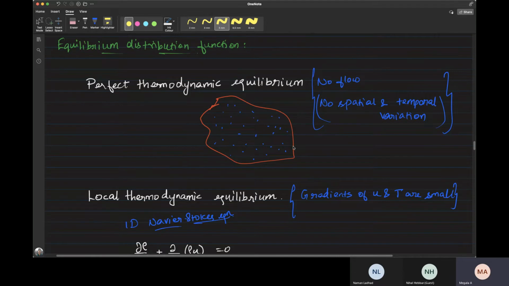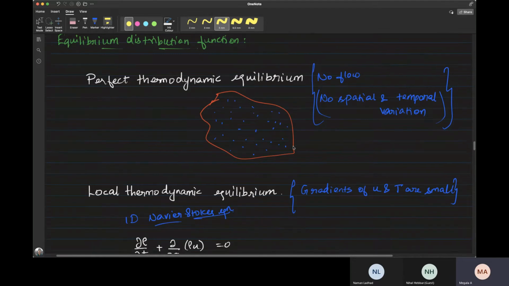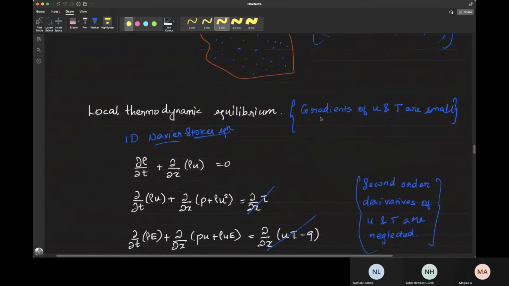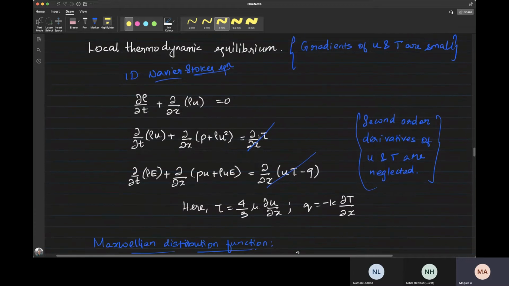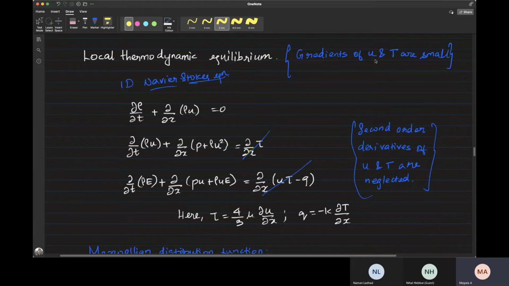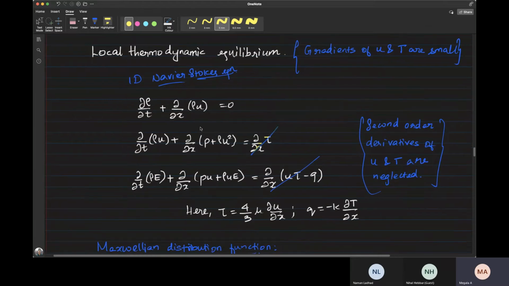But when you require some flow to happen, you consider the gradients, you consider something known as local thermodynamic equilibrium. When gradients of U and T are small, in your Navier-Stokes equation, the second order gradients of velocity and temperature are neglected. Basically, the gradient of stress and gradient of heat flux represent second order gradients of velocity and temperature. Since your gradients of U and T are small, they can be neglected.